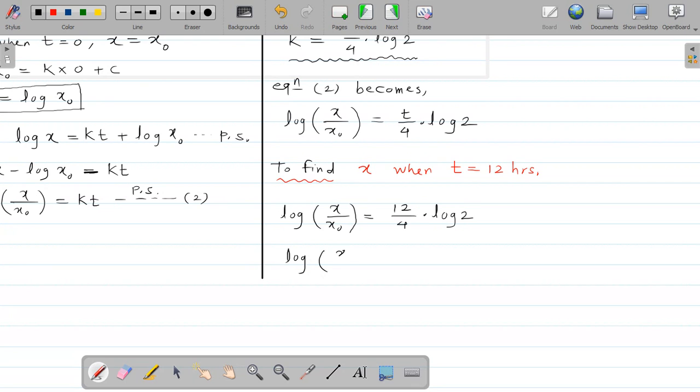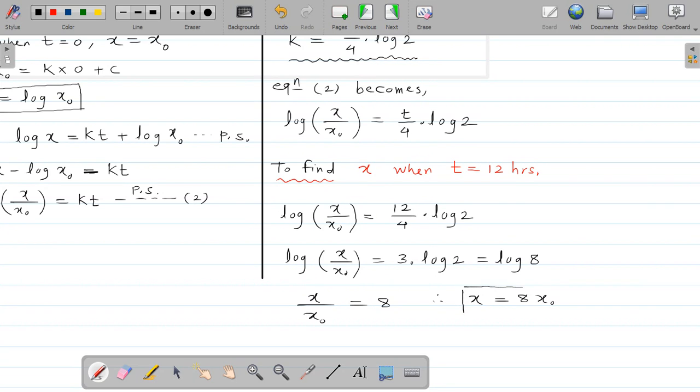So log of x upon x0 is equal to 3 into log 2, or you can write 3 into log 2 as log 8, log of 2 cube means log 8. Now comparing both sides, we get x upon x0 is equal to 8. That means x is equal to 8 times x0.